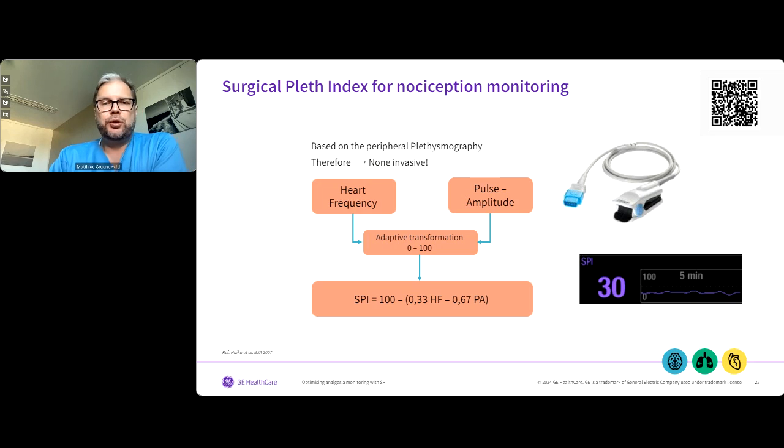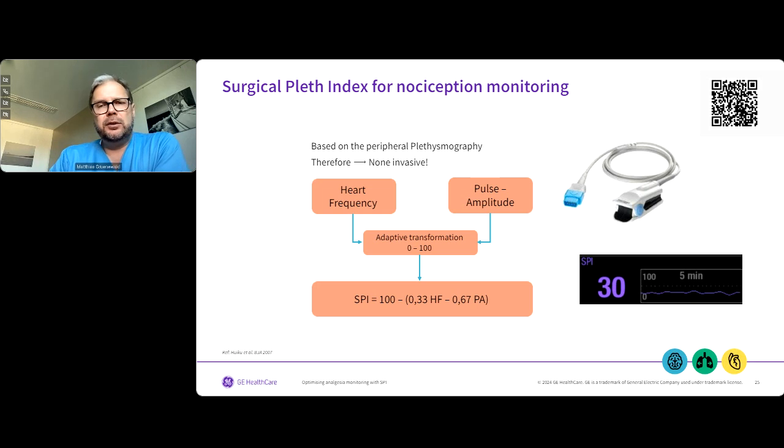Well, a Finnish group led by Arvi Yli-Hankala and Matti Huiku thought, what can we monitor which is already in place and gives us an idea about the antinociception component of anesthesia?